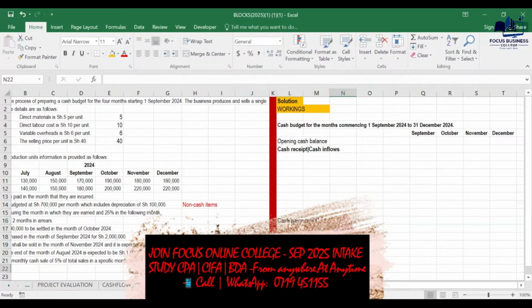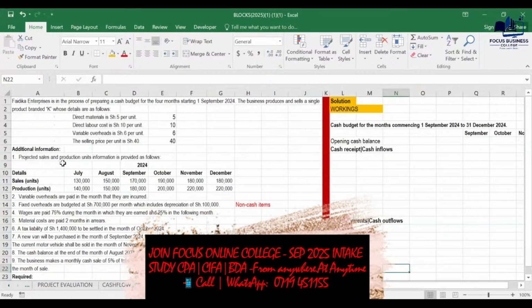So I think we can go straight to the information in note number 1. In note 1, we are given the projected sales, or the units which were expected to be produced and sold. This will help us in computing a number of items down here.